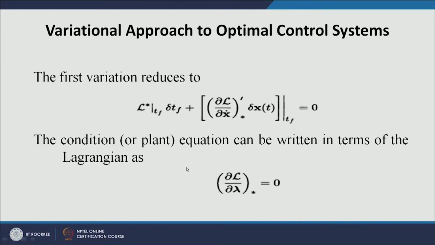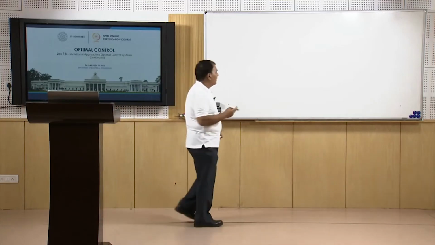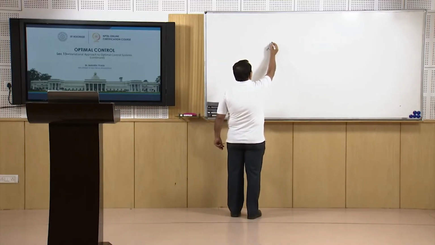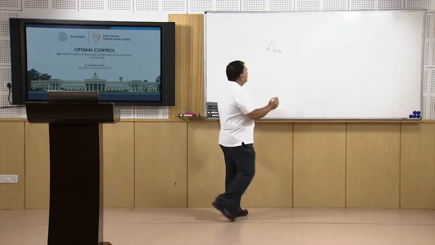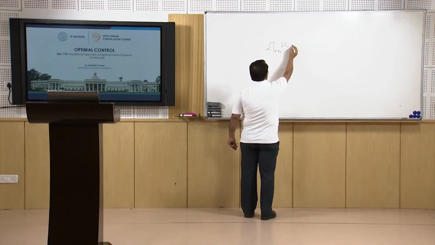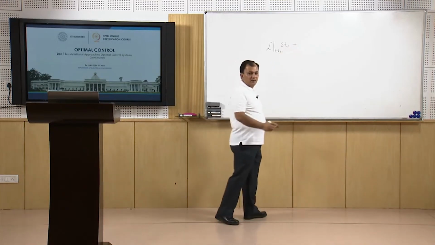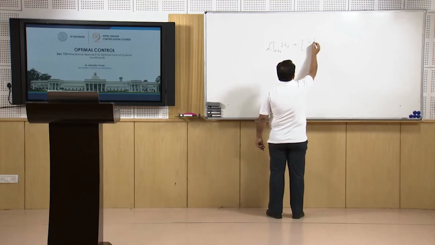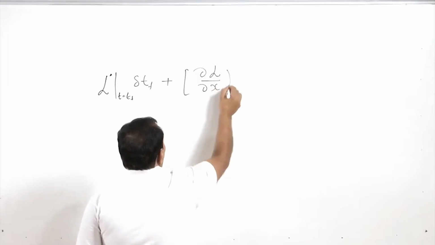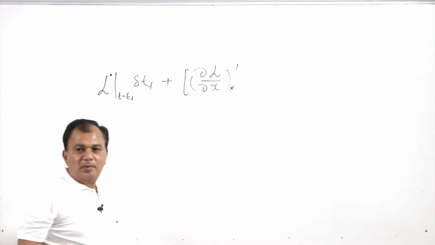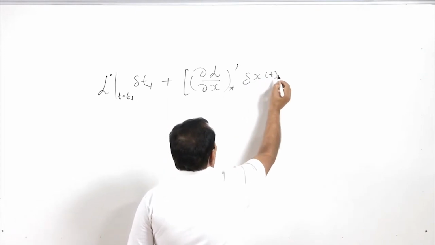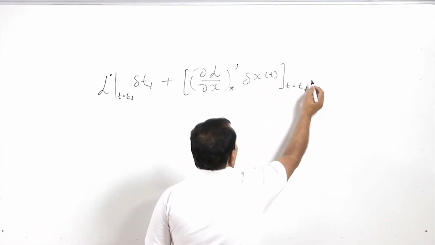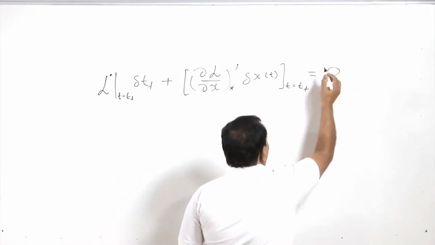So, what actually we are doing with this expression, the final condition which we have taken as the L star at t equal to Tf point multiplied with delta Tf plus del L by del x prime multiplied with delta x at t equal to Tf point, and I am saying this condition is equal to 0.